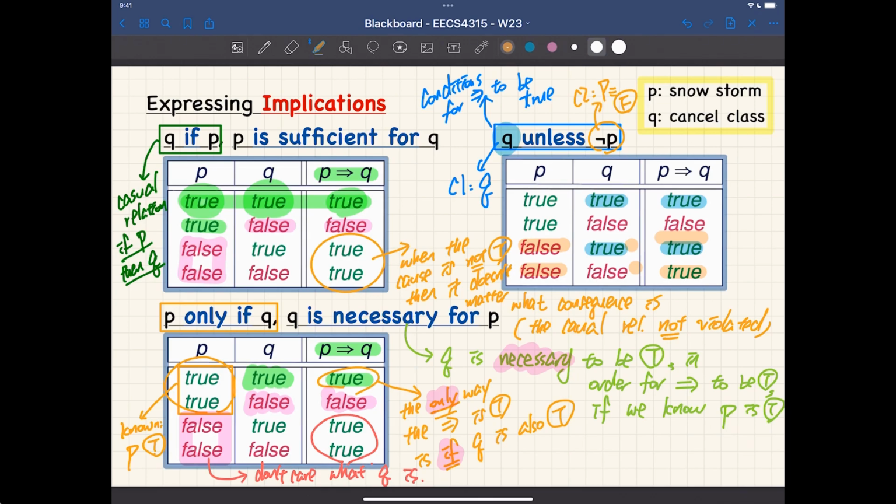So this unless form interpretation is really talking about rows 1, 2, and 3. These are the three rows where the outcome for P implies Q is true. The one that's missing is the only way to make it false.